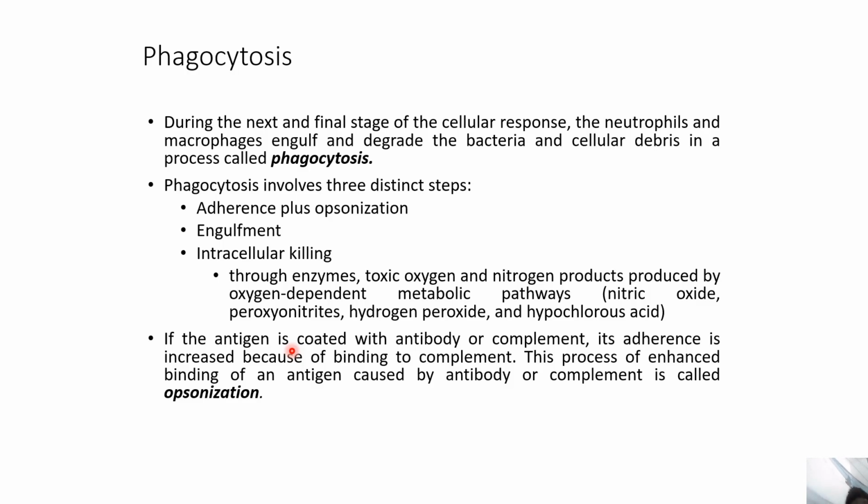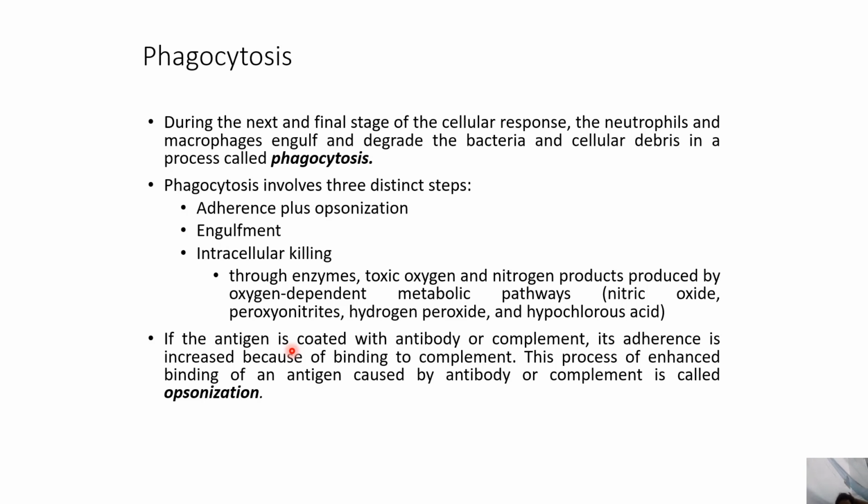During the next and final stage of the cellular response, the neutrophils and macrophages engulf, take in, and degrade the bacteria and other cellular debris, any foreign particle, in a process called phagocytosis.